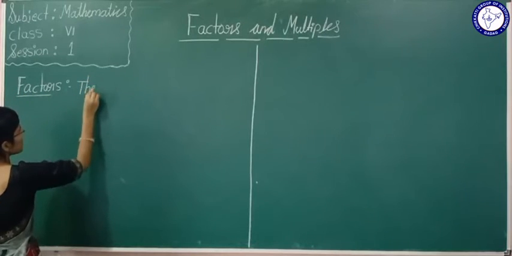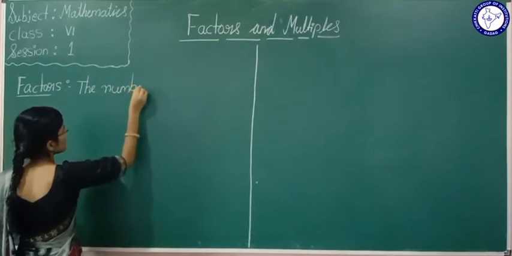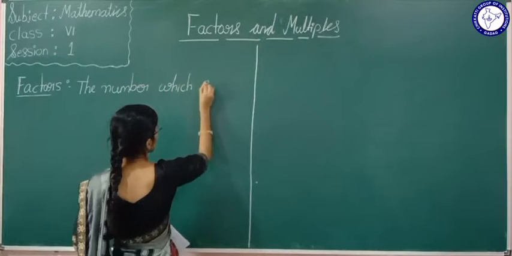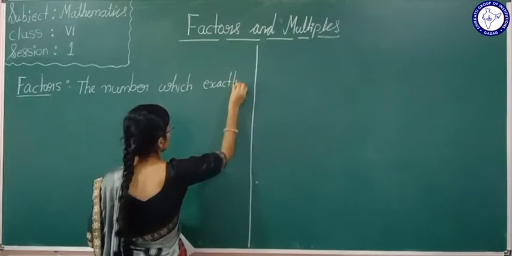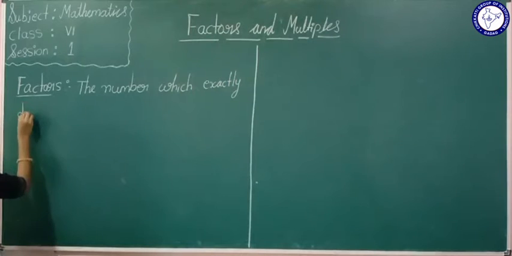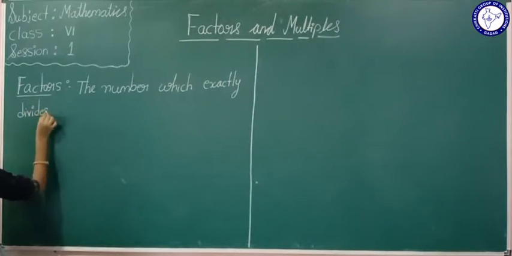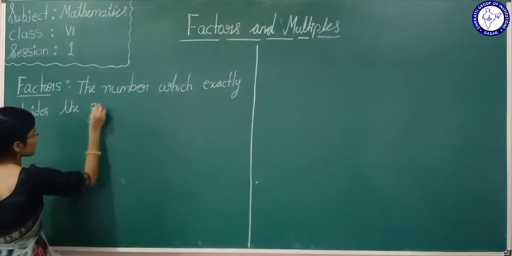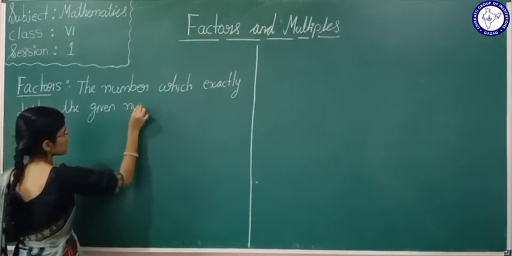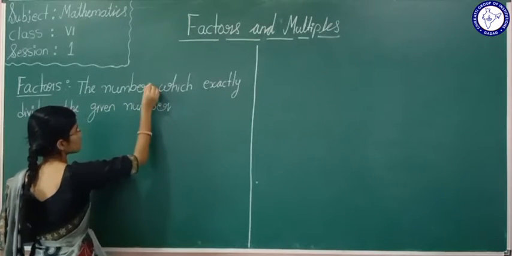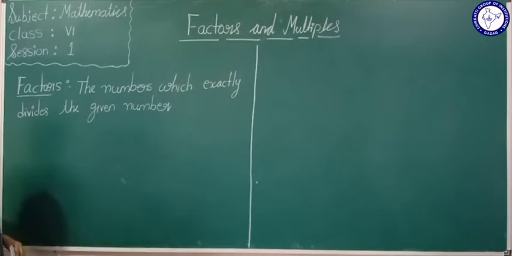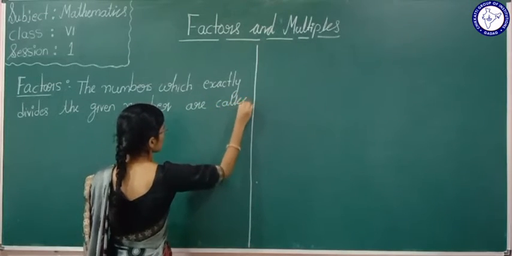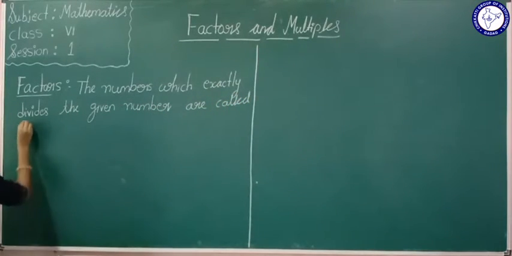See, the numbers which exactly divide the given number are called the factors of that number.